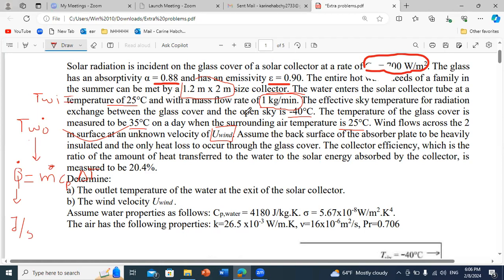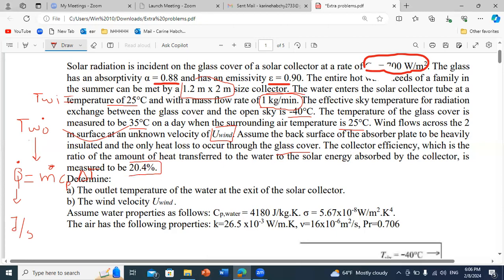So assume the back surface of the absorber plate to be heavily insulated, and the only heat loss will occur through the glass cover of my collector. The collector efficiency, which is the ratio of the amount of heat transferred to the water to the solar energy absorbed by the collector, is given to be 20.4%.